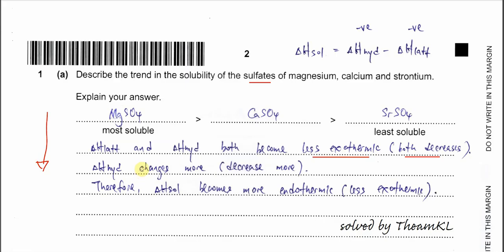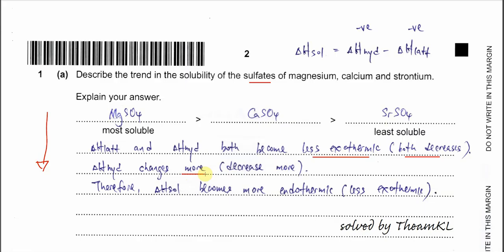This is because the lattice energy is not really affected much by the change in the size of the cation, because the sulfate itself is too large, one sulfur and four oxygen. That's why the size of the cation will not really affect the lattice energy that much. So the lattice energy decreases less, and the hydration enthalpy decreases more.